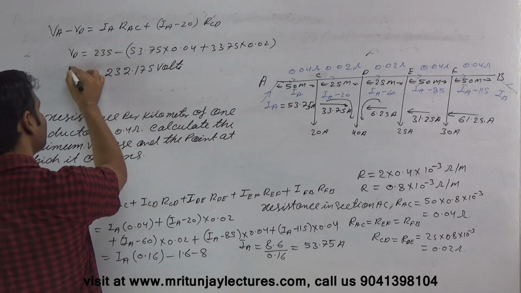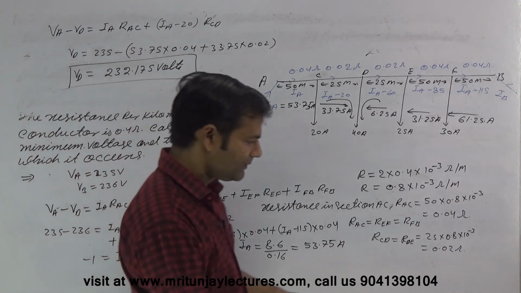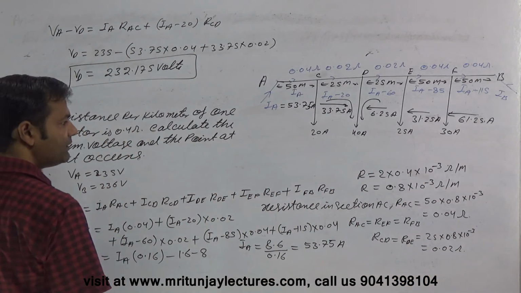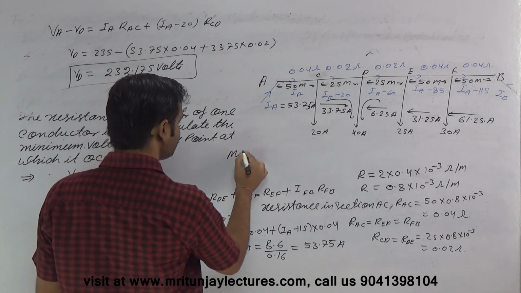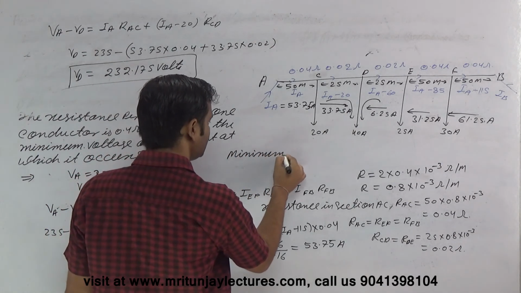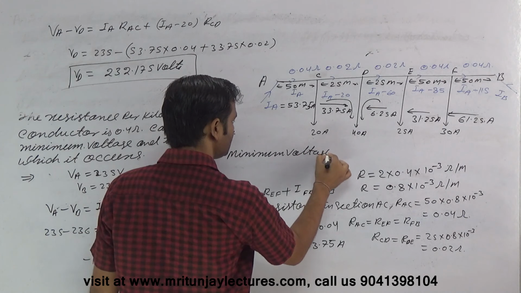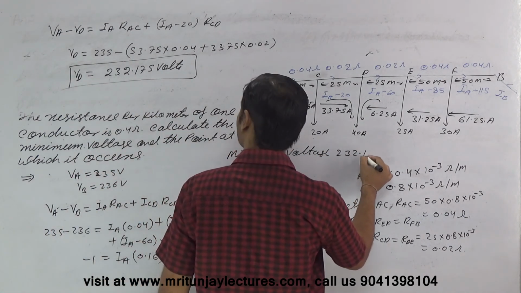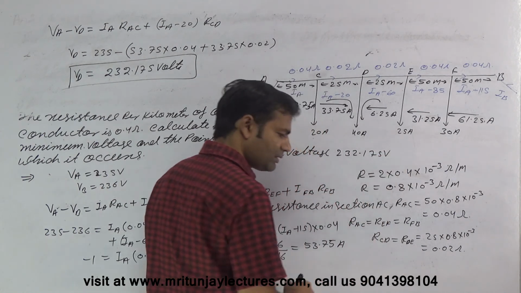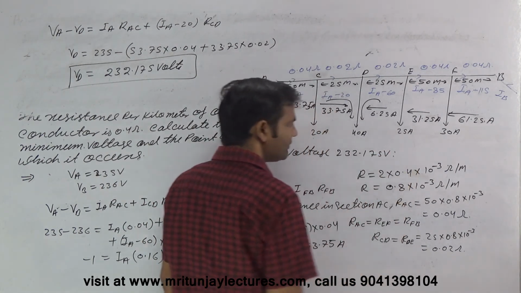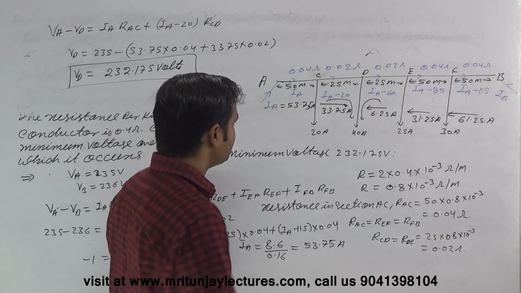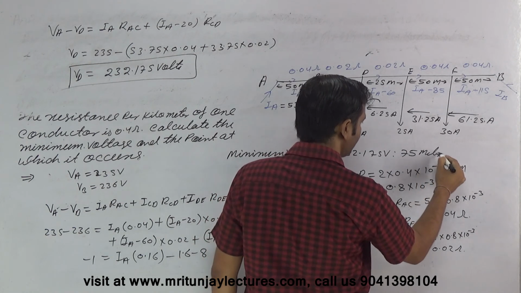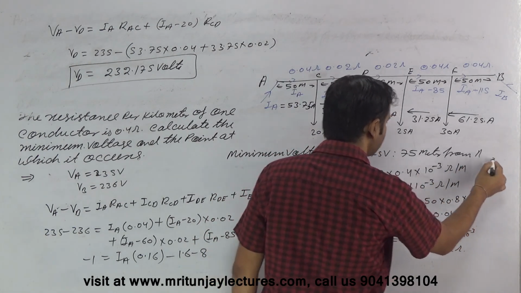This is the minimum voltage, 232.175 volt, at 75 meter from A. This is the final answer.